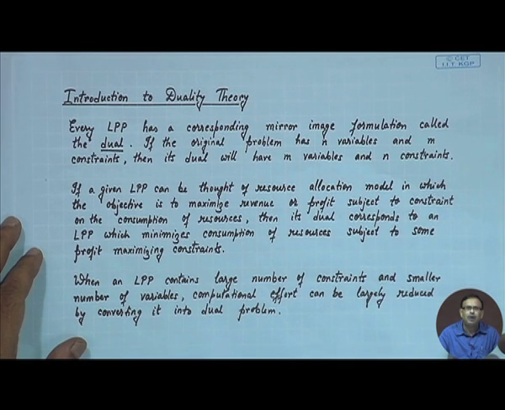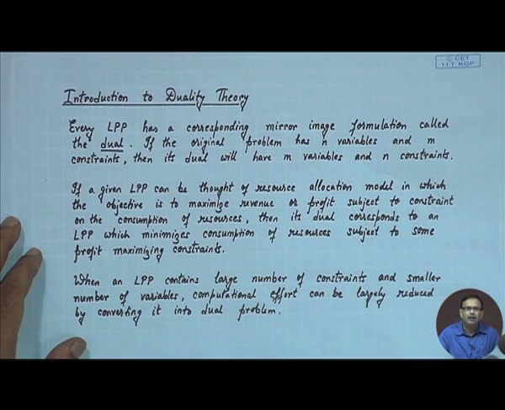Then its dual will correspond to an LPP which will minimize the consumption of resources subject to some profit maximizing constraints. So, basically, if you are maximizing a return or profit subject to certain constraints on consumption of resources, then its dual will be the opposite one, that is, minimization of the consumption of resources subject to profit maximizing constraints.